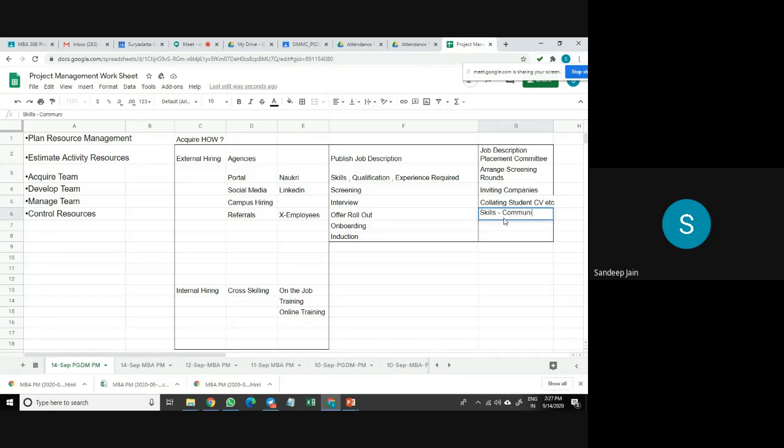Communication is a very generic skill that is required in every job. We're not doing a deep dive. And experience, what would you say? Co-curricular activities, participation. We are doing a hypothetical example.